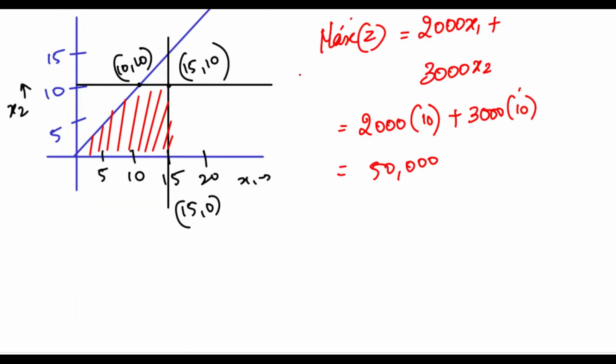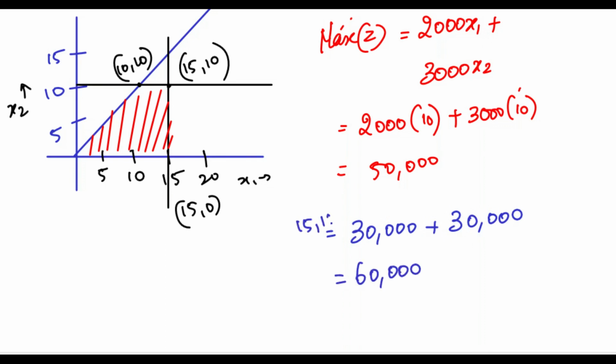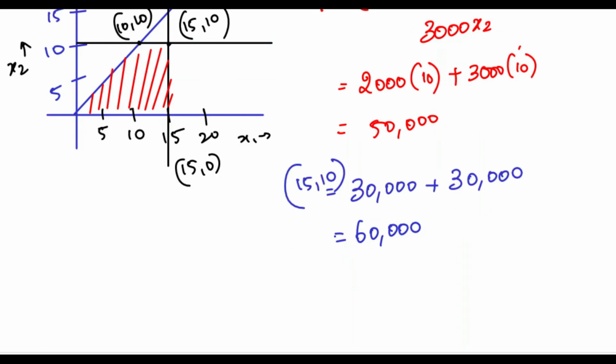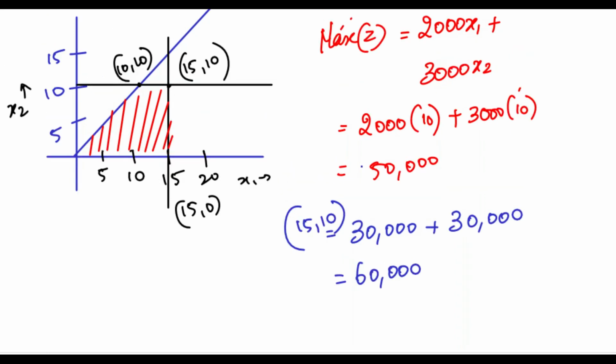Next value is (15, 10): 2000 into 15 is 30,000, plus 3000 into 10, which is 30,000. So it will be 60,000 for (15, 10). Then for (15, 0), it will be just 30,000 plus 0.